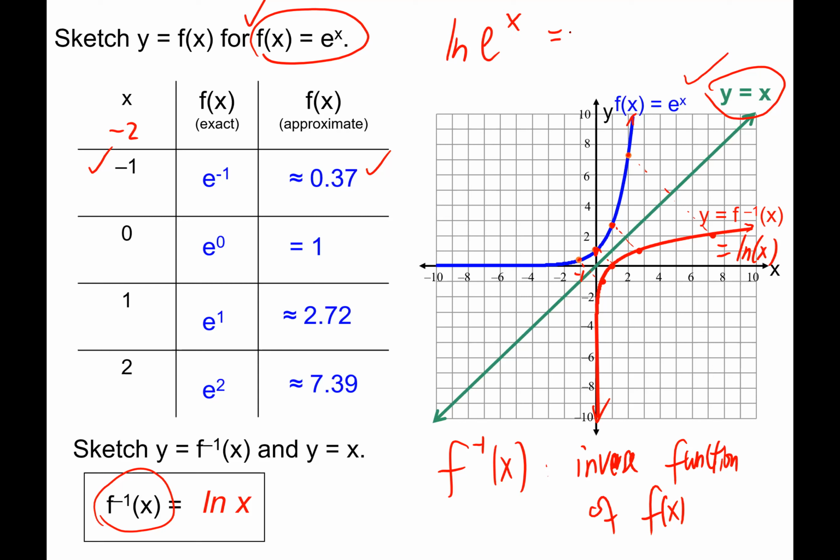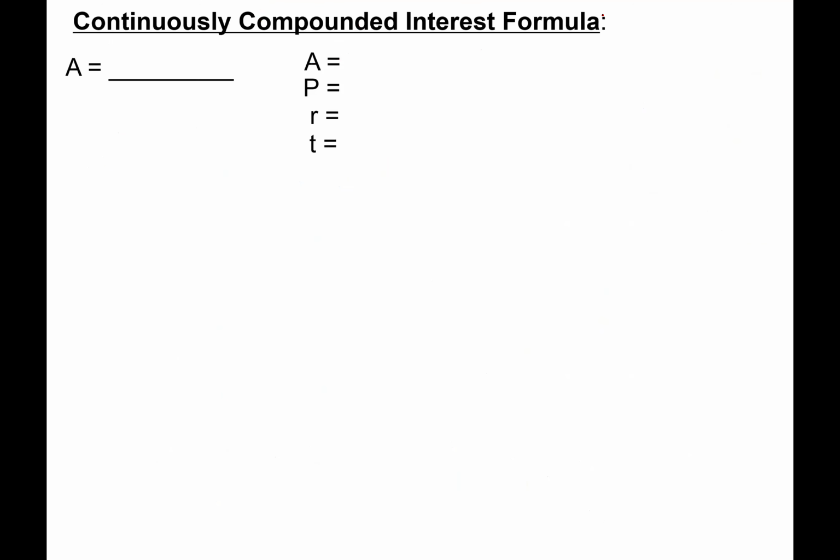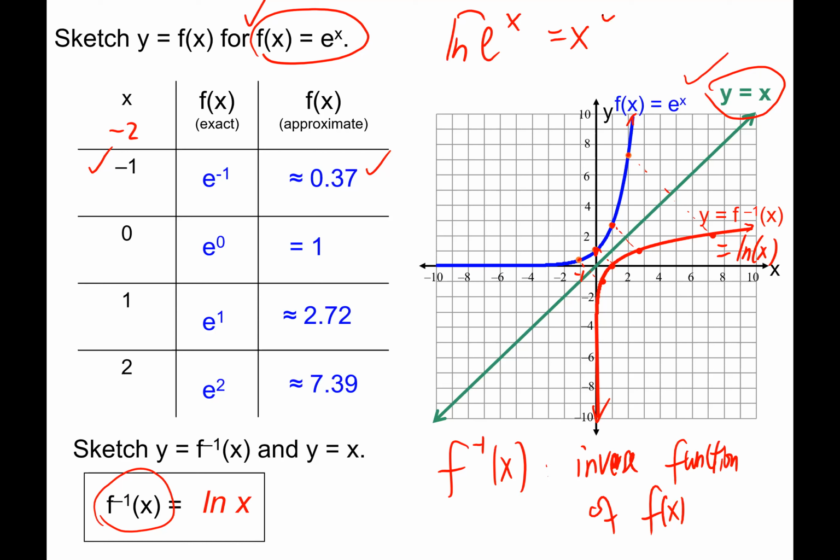It becomes x, right? Because they offset each other. Natural logarithm and exponents with base e, they are inverse functions. They undo each other. That's why the answer turns out to be x. Also, if you have e to the ln of x, you get an exponent and then a natural logarithm, they undo each other, it becomes x. It's because of the inverse nature.